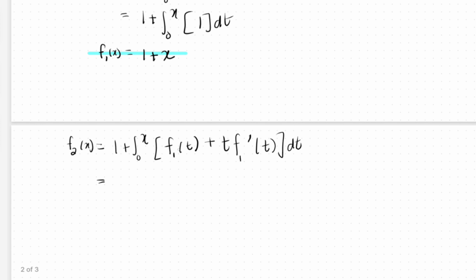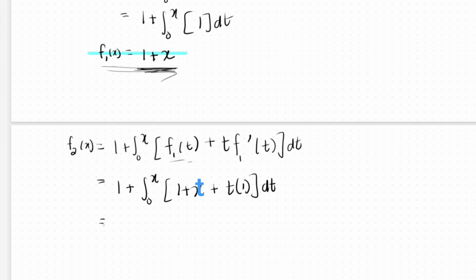Lucky for us, we already found f1 of x, so we can just replace it in here, right? 1 plus the integration from 0 to x of 1 plus t plus t times, now what's the derivative of f1 of t? Well, we know the derivative of this is just 1, right? So let's just write 1 dt, so 1 plus the integration from 0 to x of 1 plus t plus t times 1.